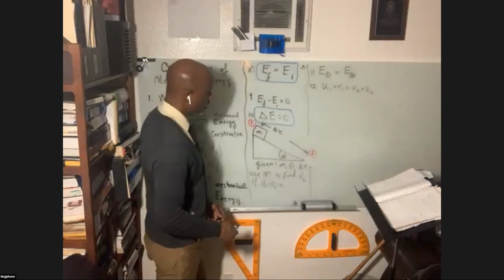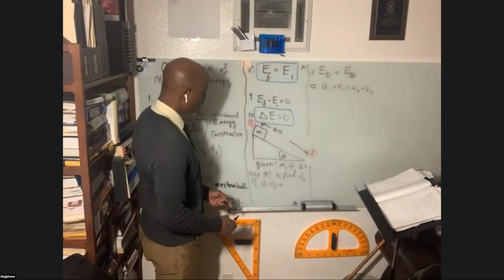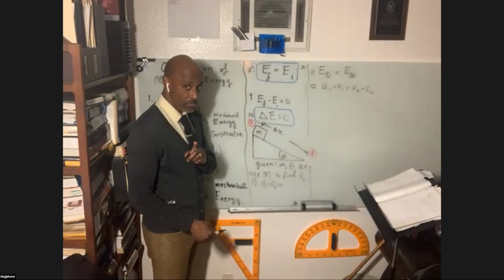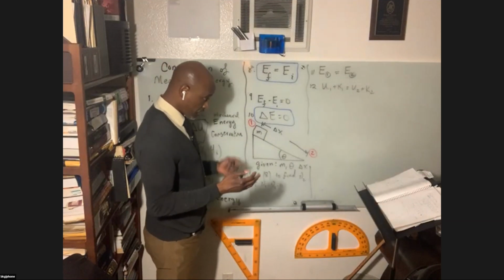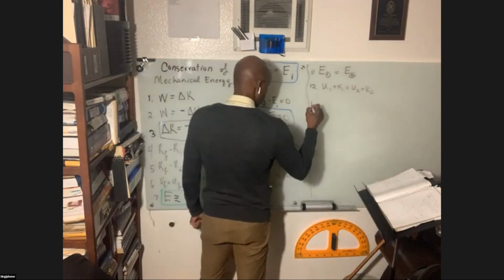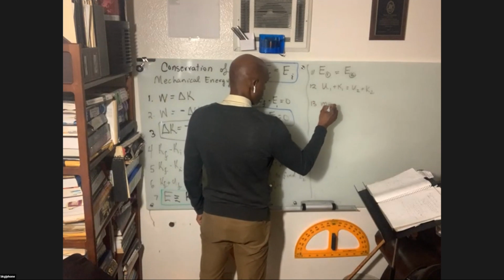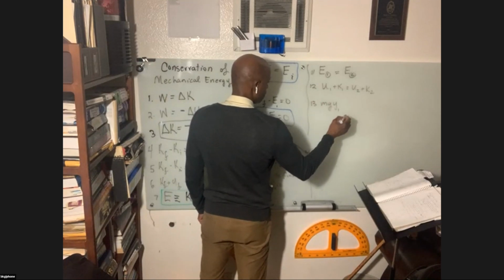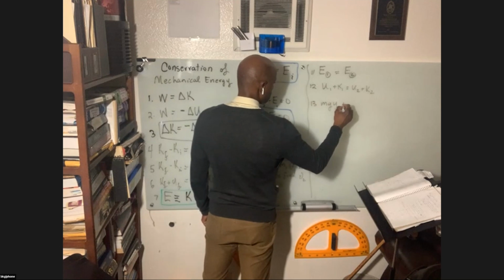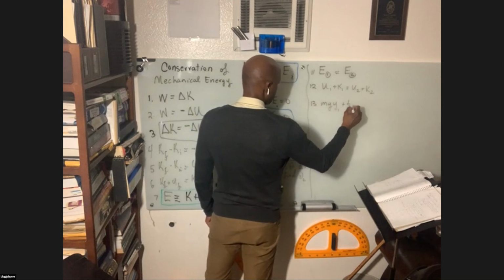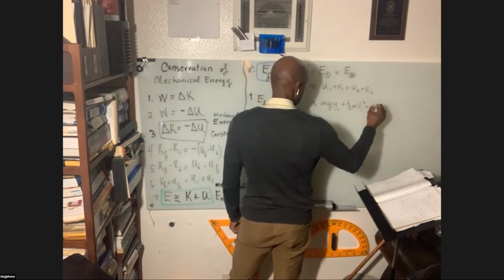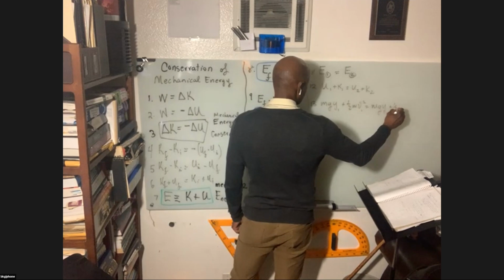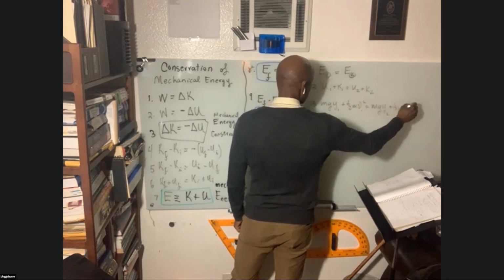I'll go one step further, I guess. So we know that in general, that's why I derived the potential energy functions. For gravity, the potential energy function is just mgh. So I have mgy1 plus, and kinetic energy is always 1/2 mv1 squared, and that's got to be equal to mgy2 plus 1/2 mv2 squared.